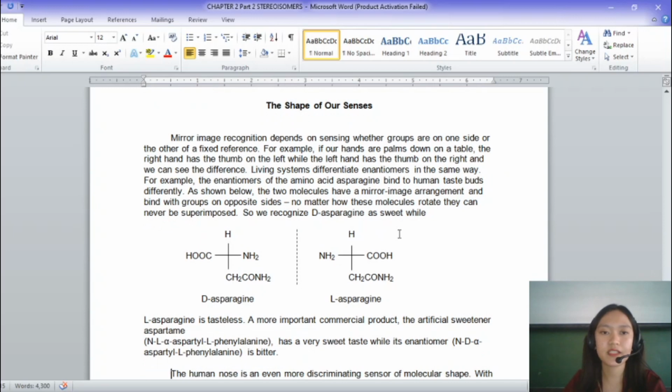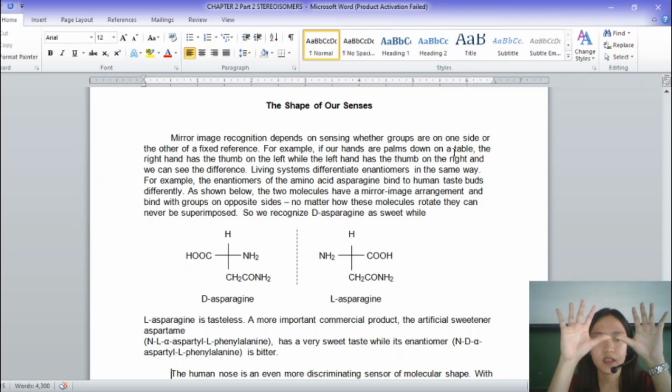The shape of our senses. Mirror image recognition depends on sensing whether groups are on one side or the other side of a fixed reference. For example, if our hands are palms down on the table, the right hand has the thumb on the left while the left hand has the thumb on the right. And we can see the difference. Living systems differentiate enantiomers in the same way.